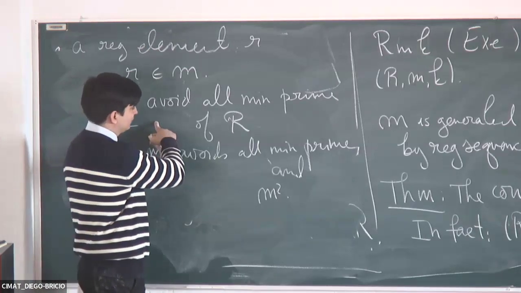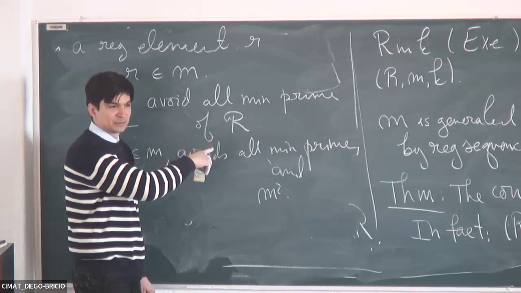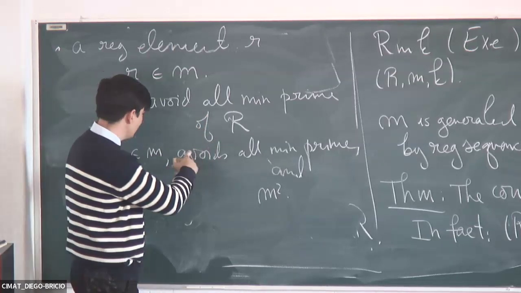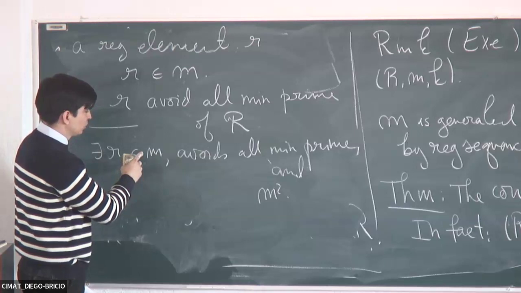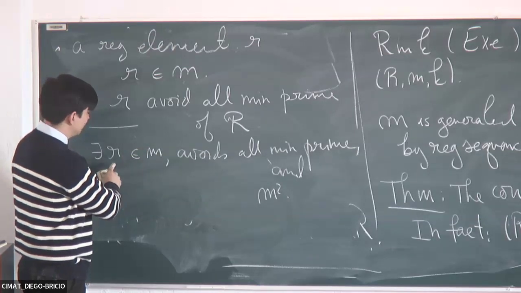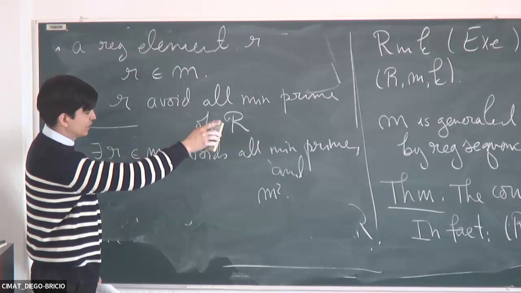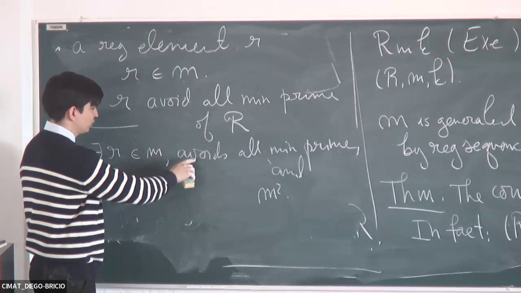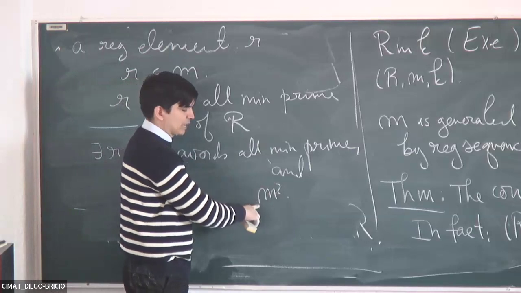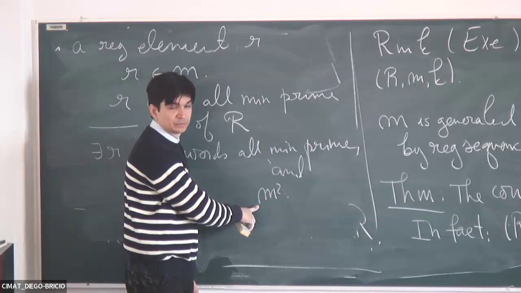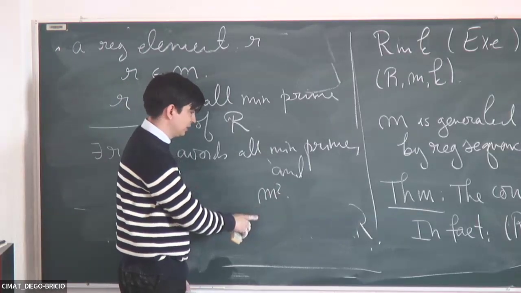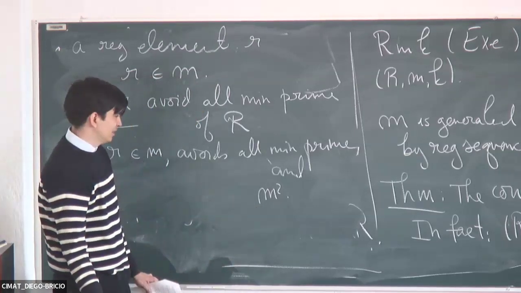But prime avoidance is equivalent to avoiding all minimal primes. And so the claim is, to prove that such an element r exists, we have to avoid all minimal primes, and we have to avoid M squared, right? So that's what I meant to say. I made a little bit of a mess.